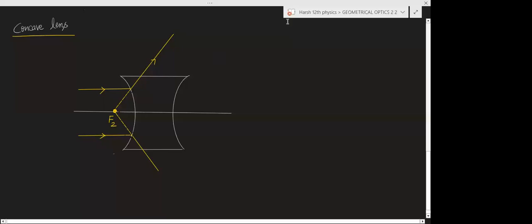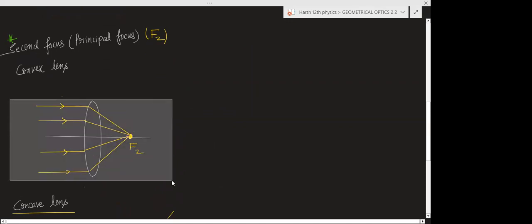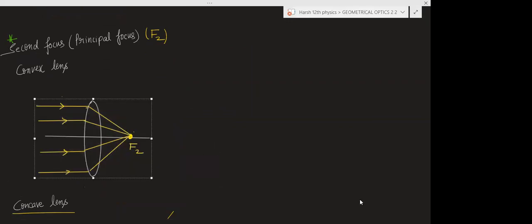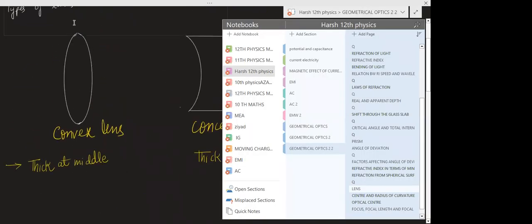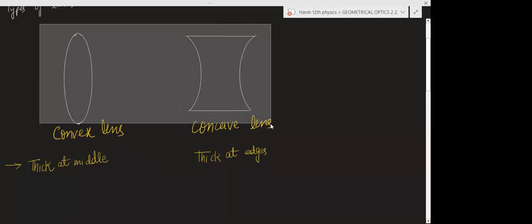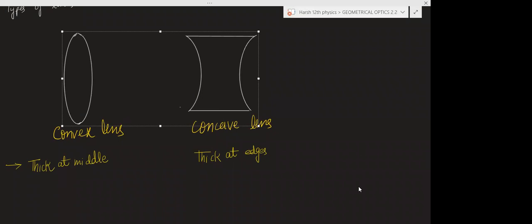Done, sir. Okay. So now we will discuss the focal plane. We will discuss the focal plane for the concave and the convex lens. Focal plane.